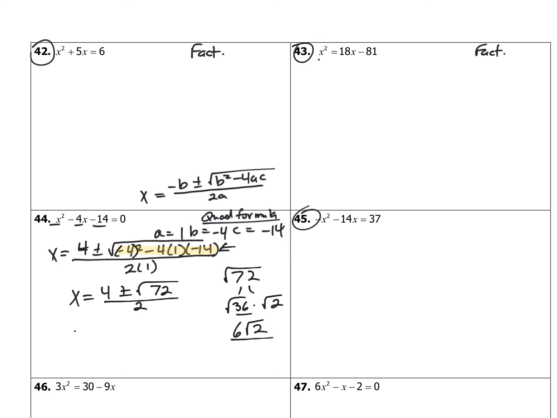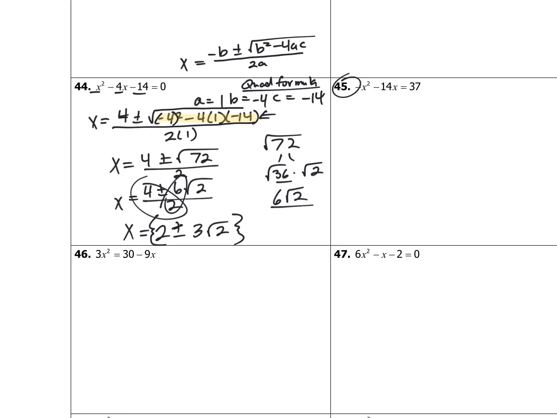So I can simplify this to x equals 4 plus or minus 6 times the square root of 2 all over 2. And then we can divide 2 into 4 and into 6, okay, and simplify just a little bit more. 4 divided by 2 is 2, plus or minus 6 divided by 2, which is 3 times the square root of 2. And that is your answer.